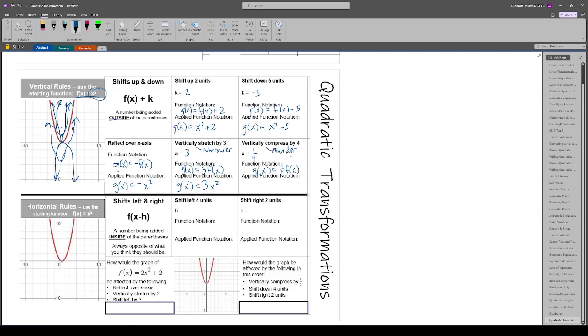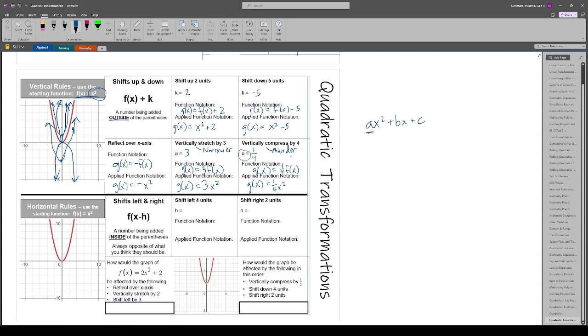Our applied function notation is going to be g of x equals 1/4 x squared. So this a value literally becomes the a value in the quadratic equation where we had ax squared plus bx plus c. This a value literally is the vertical stretch. So the coefficient of x squared is telling you the vertical stretch or compression.